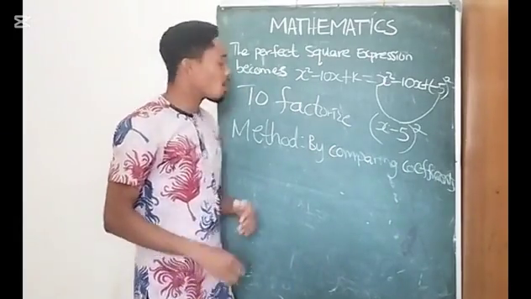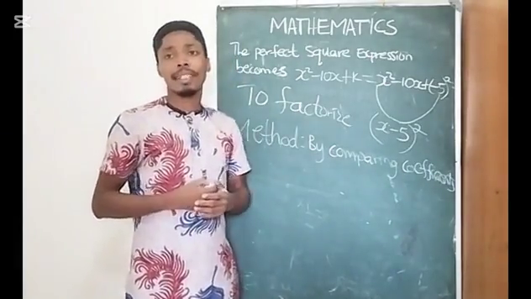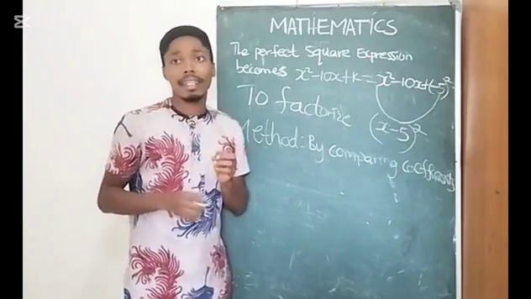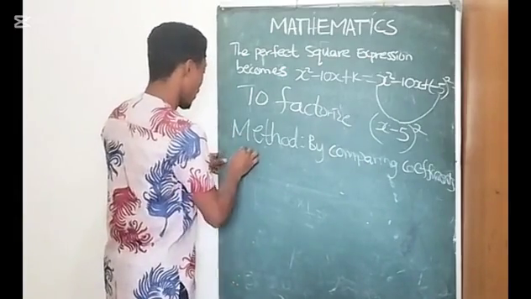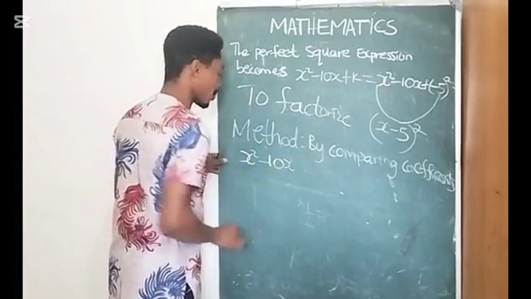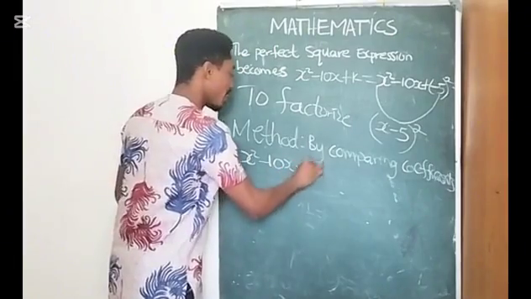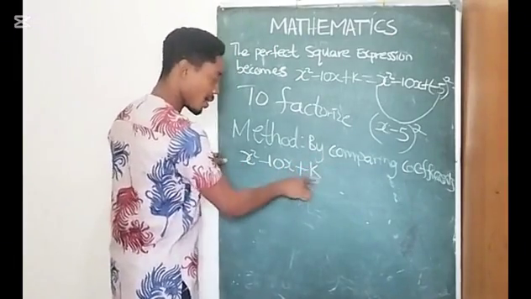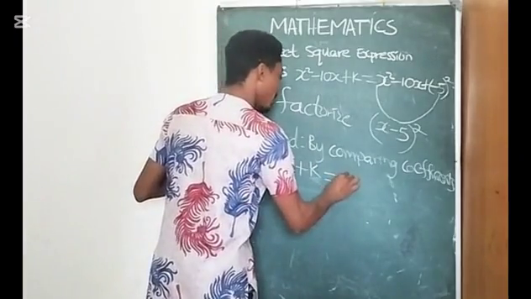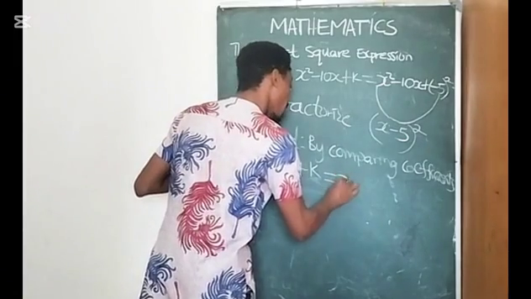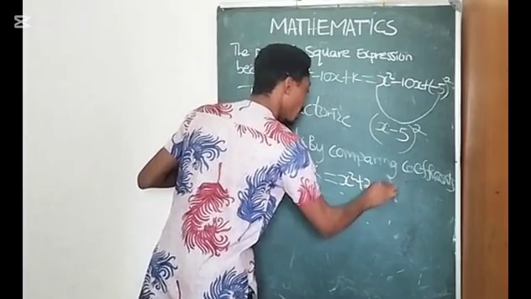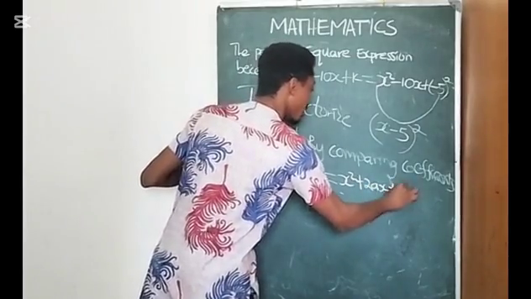Now, in the method of comparing coefficients, we will establish this fact that x squared minus 10x plus k, we are looking for this, is the same thing as x squared plus 2ax plus a squared.